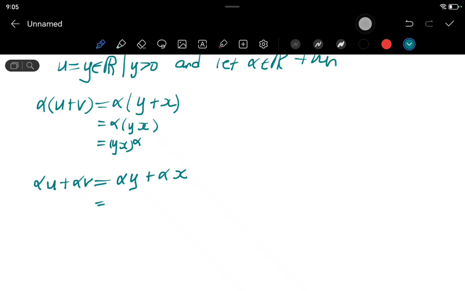Should we do the scalar multiplication first or the vector addition first? Who can tell me which one should we do first? Scalar multiplication or vector addition first? Saying vector. Let's go and do vector.